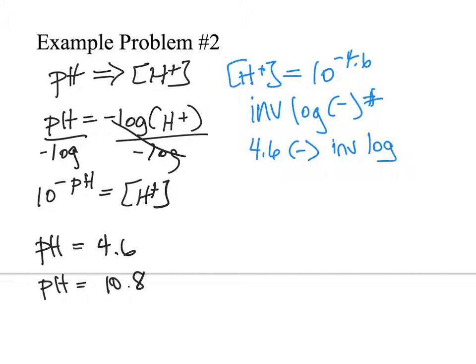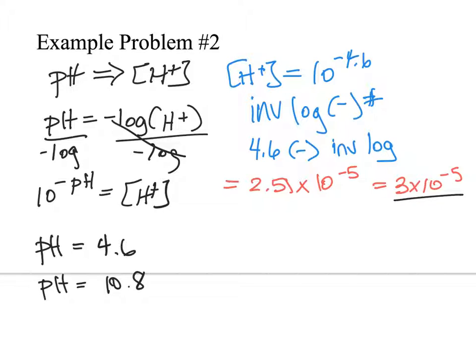And I'm getting 2.51, equals 2.51 times 10 to the negative 5th. And going back to my pH, I had one place after the decimal, so this would be one significant figure. And so I would have to round that to 3 times 10 to the negative 5th.